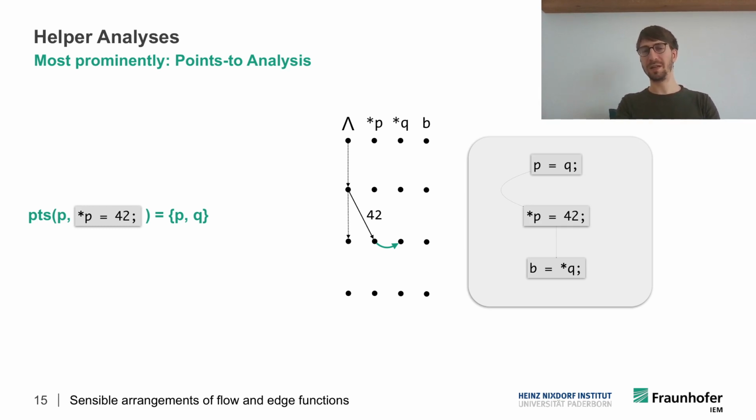And in the next statement you will load this value again from q, and only because you did the points-to query here, you will actually soundly reveal that 42 will end up in B as well.